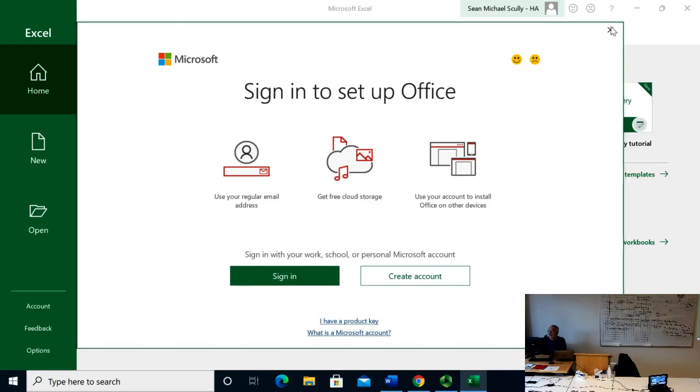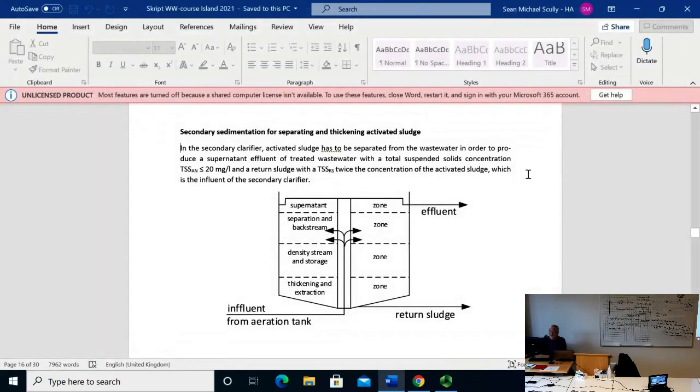So I have to do it on my computer, and I have just to give you the numbers when you calculate this here.